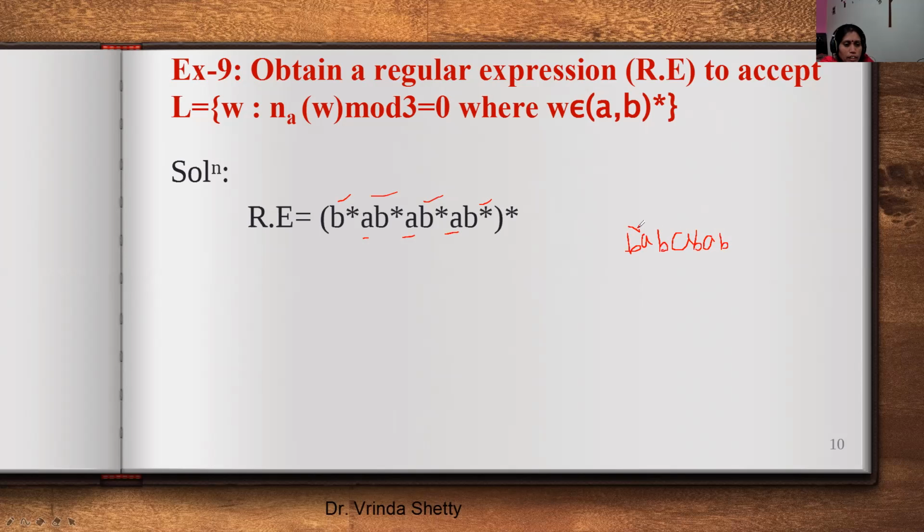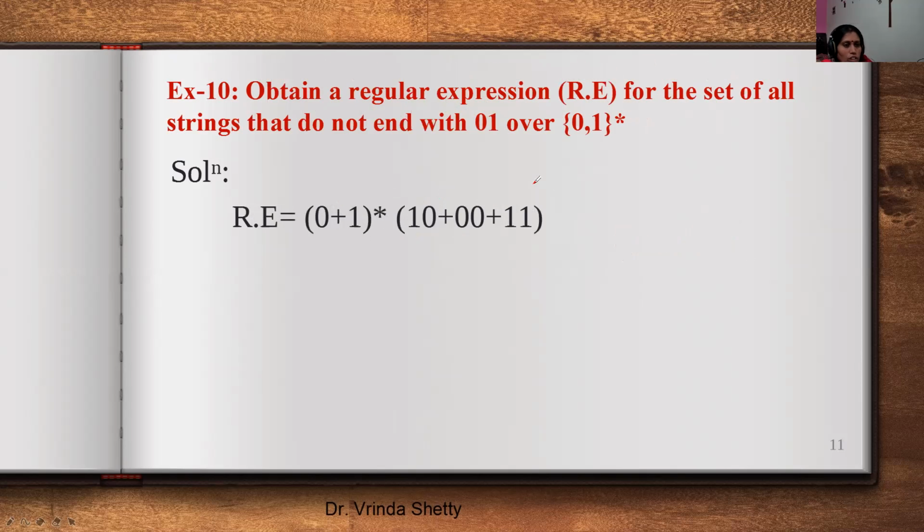So any number of b's we'll put here star. We are putting here star. So multiples of 3 whole star. Yes, this is how we are going to write regular expression to accept the particular language.